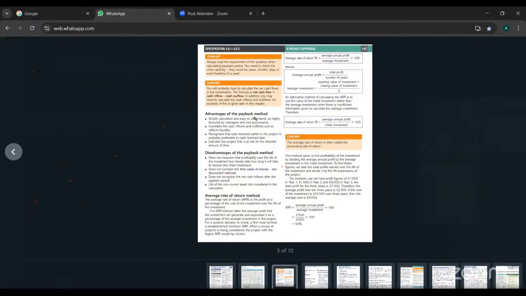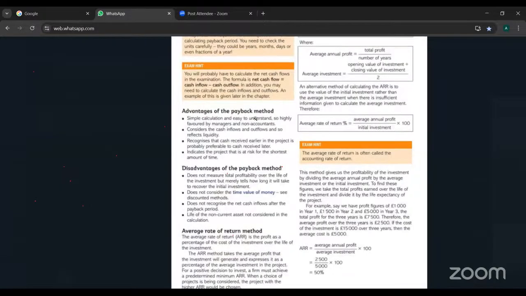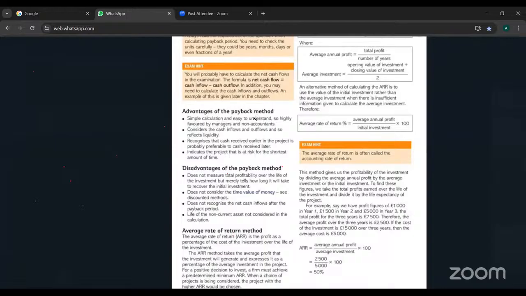After that, let's go to the next method. So advantages and disadvantages, you have to just remember it lightly, not deeply. Okay, so you all can just read these points and remember, not study it deeply.